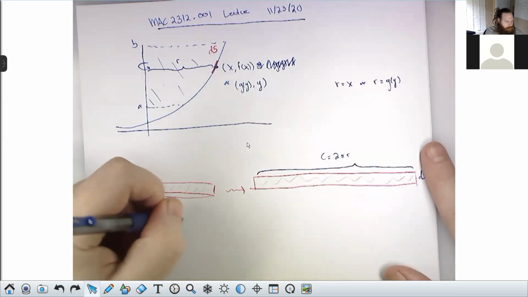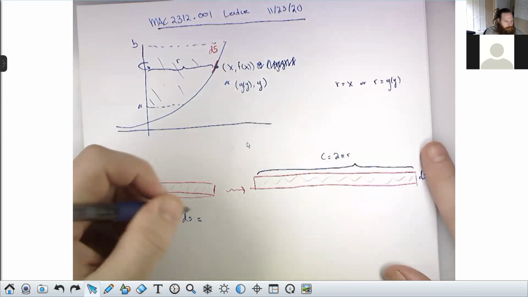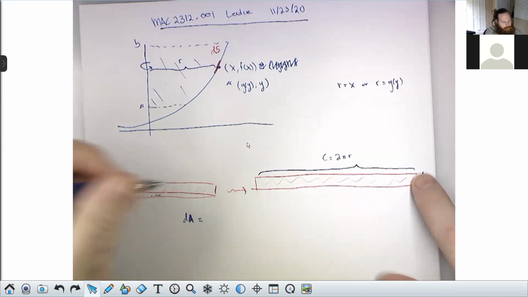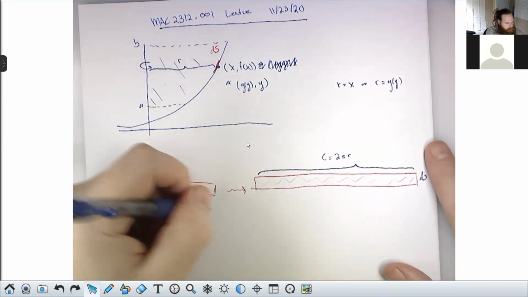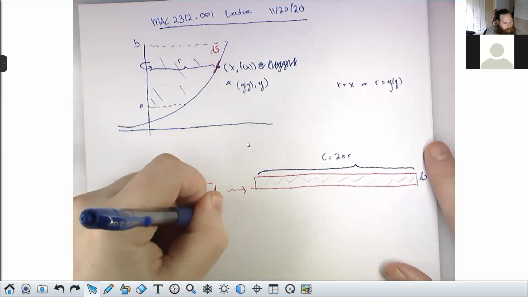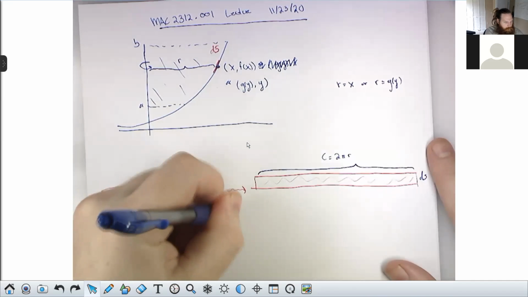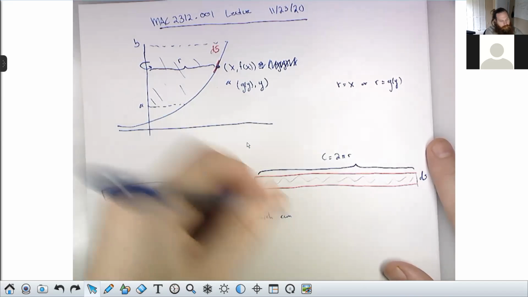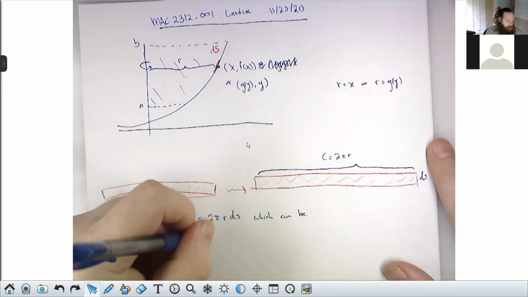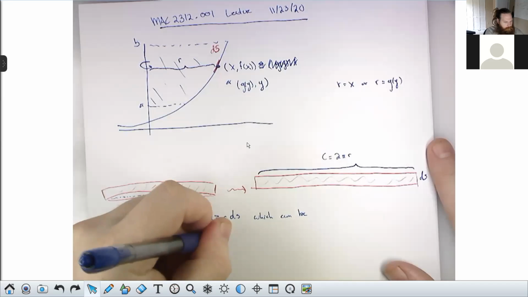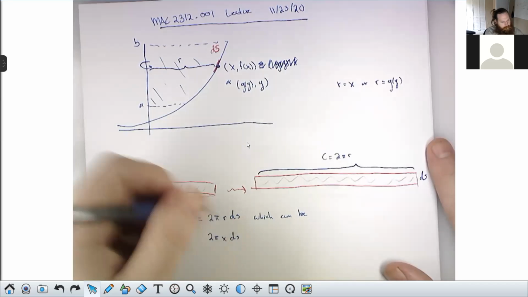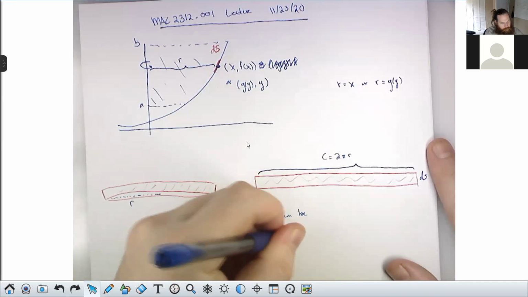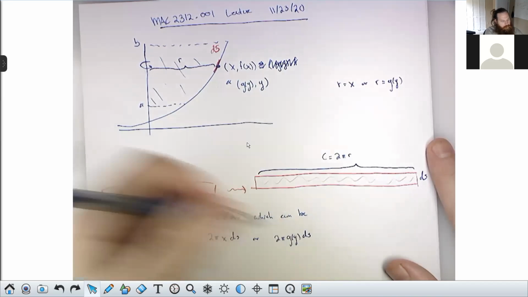So your ds, the thing you need to integrate for arc length, and dA, the thing we need to integrate for surface area, is 2 pi r ds, which could be 2 pi x ds or 2 pi g(y) ds.